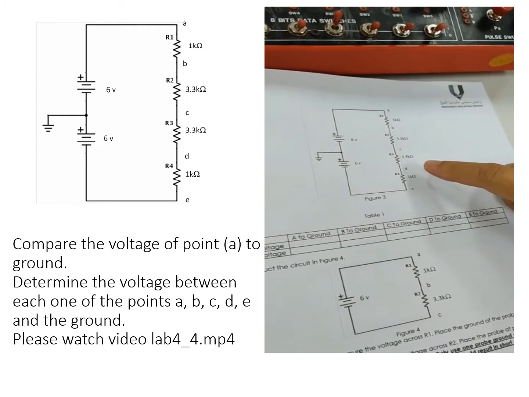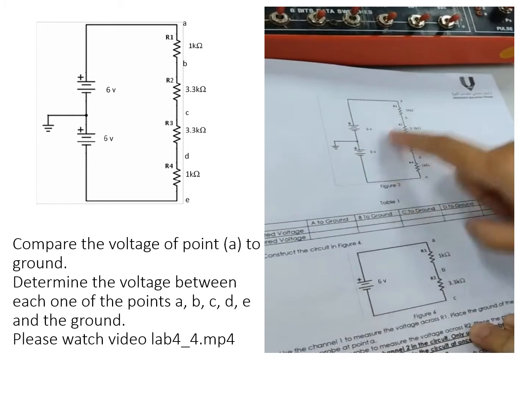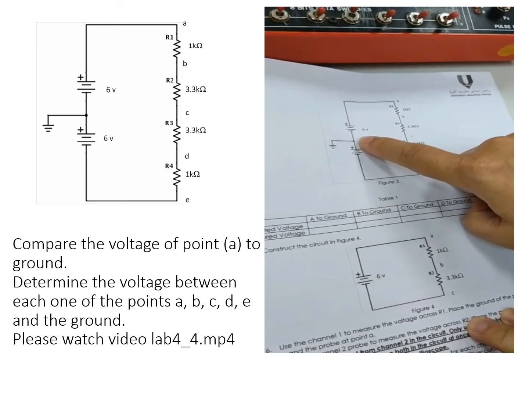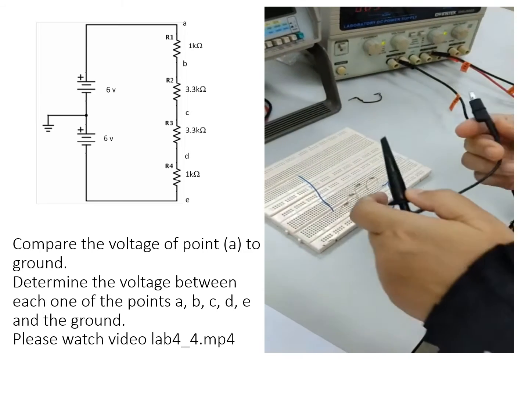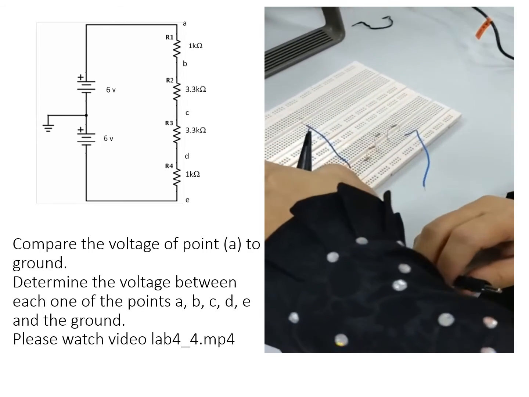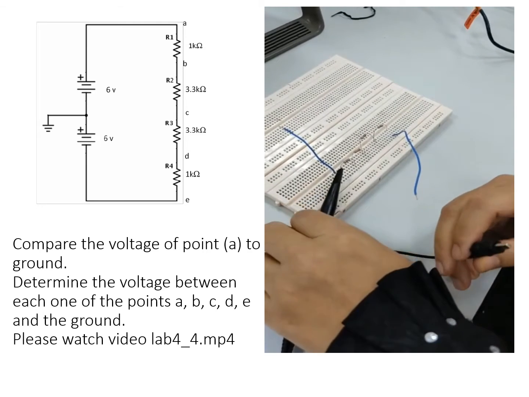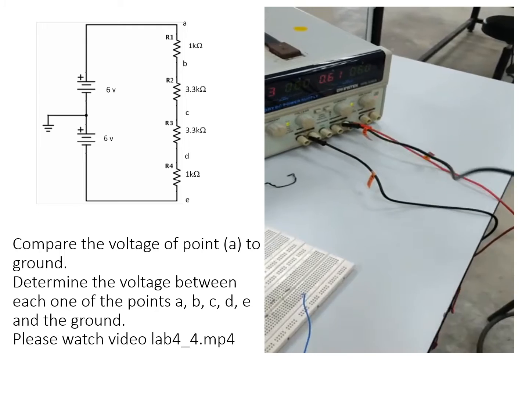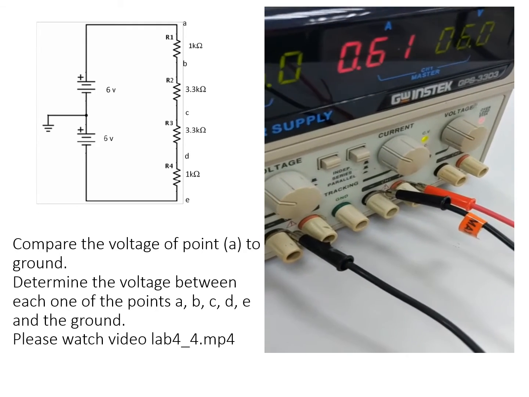If we look at this circuit, we want to measure from A to ground. First we take the oscilloscope probe to the positive. I put the positive here at A, and then the negative is connected at the DC supply negative.